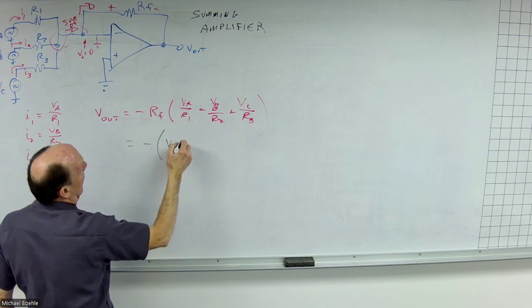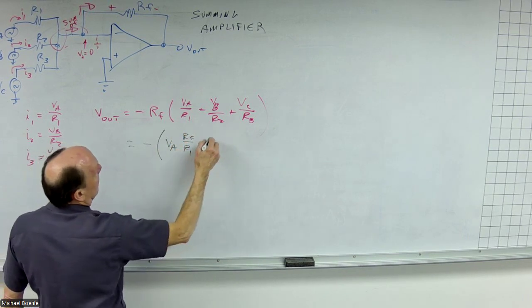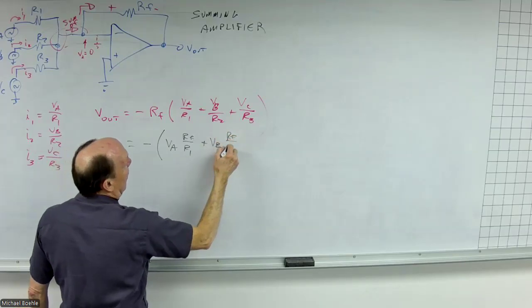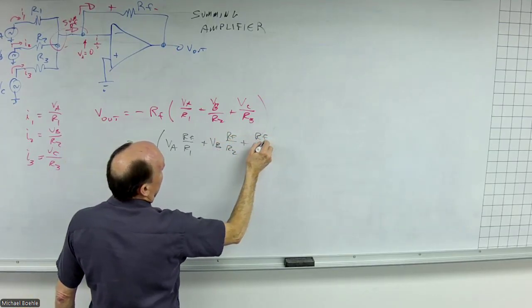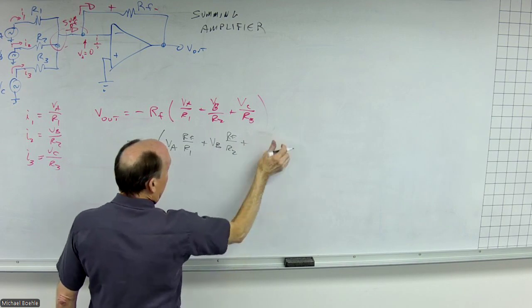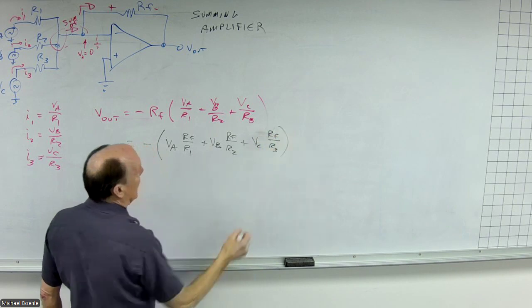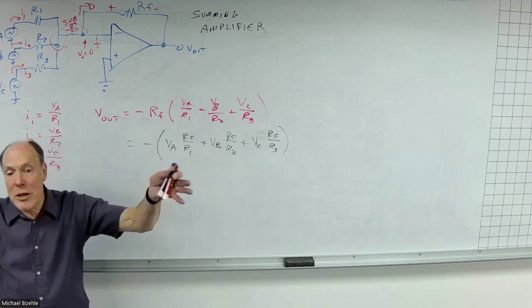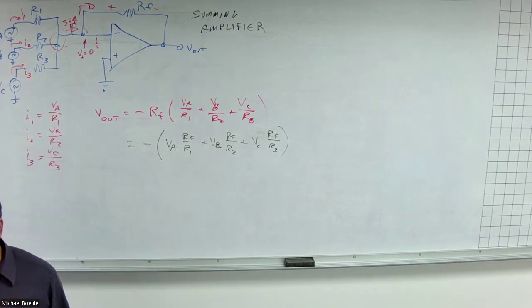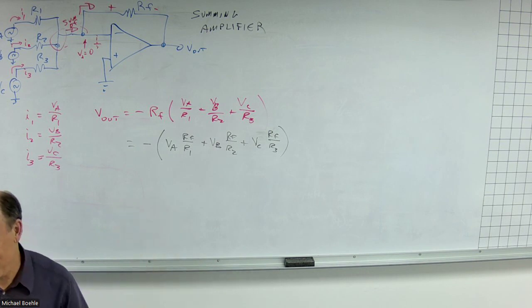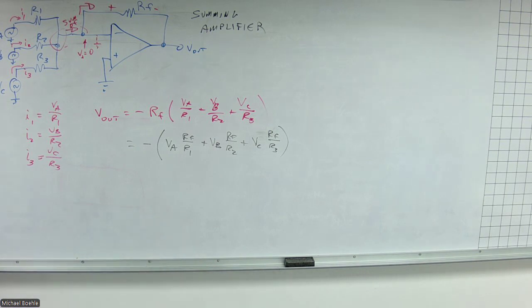And so I would have VA times RF divided by R1 plus VB times RF divided by R2 plus, I'm sorry, VC times RF divided by R3. I can make each input have a different gain. I can weight things, as in factors of 2 for a digital to analog converter, which is what you all did for lab number 1 in 214, for those of you that took it. Again, Ben, you're off the hook.